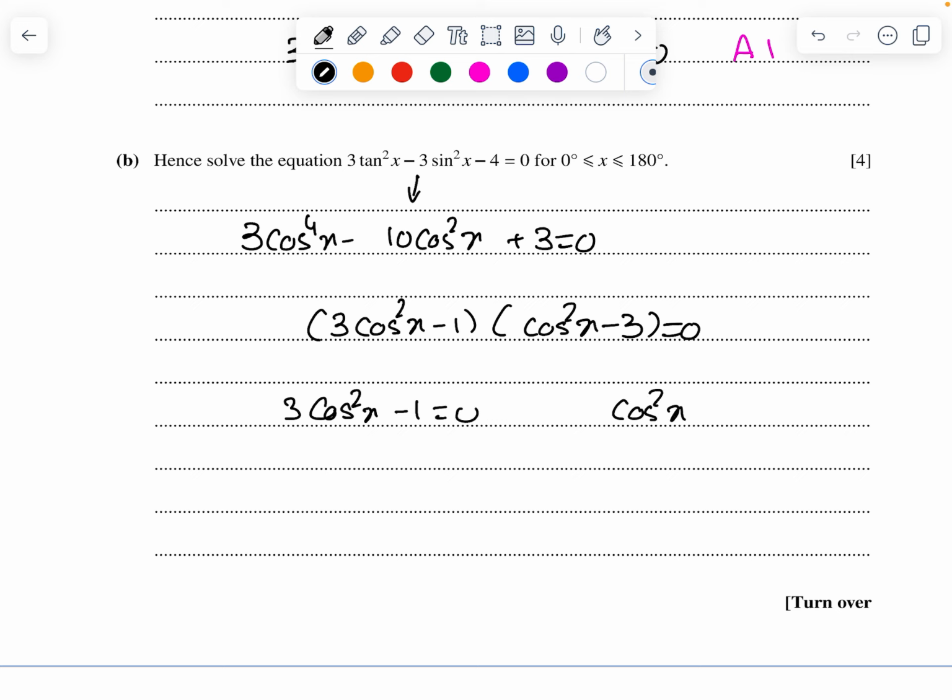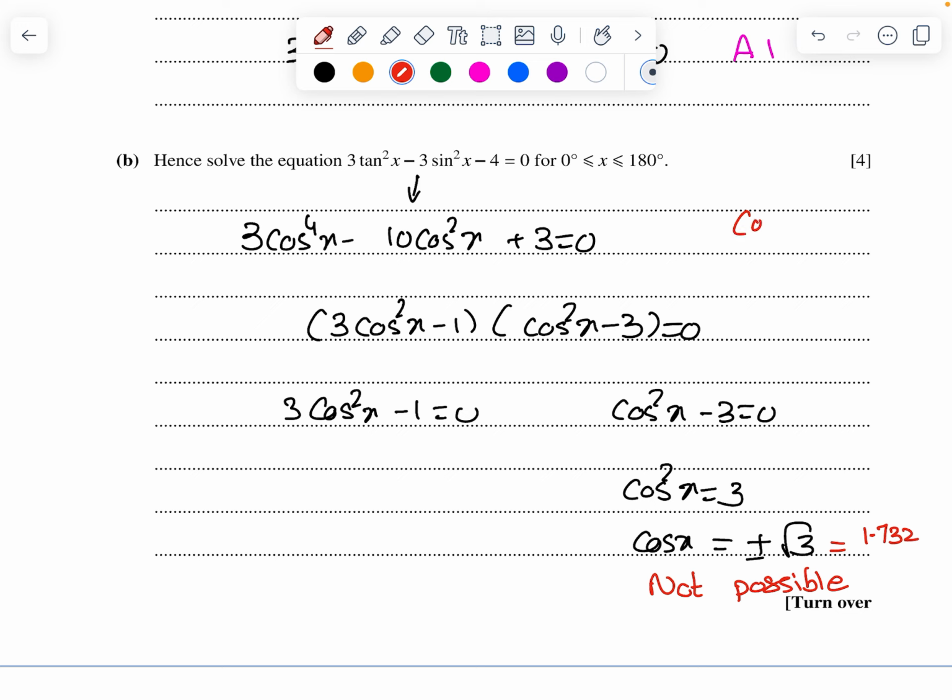Cos square x minus 3 equals to 0. Cos square x equals to 3. Cos x equals to plus or minus root 3. This is not possible, because cos maximum value is 1, whereas this is 1.732. So cos maximum value is 1. So therefore this is not possible.